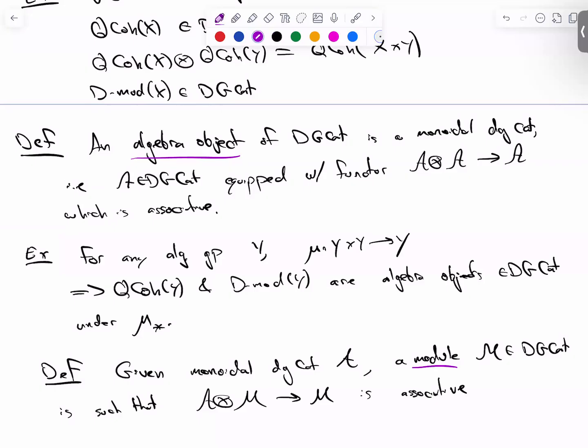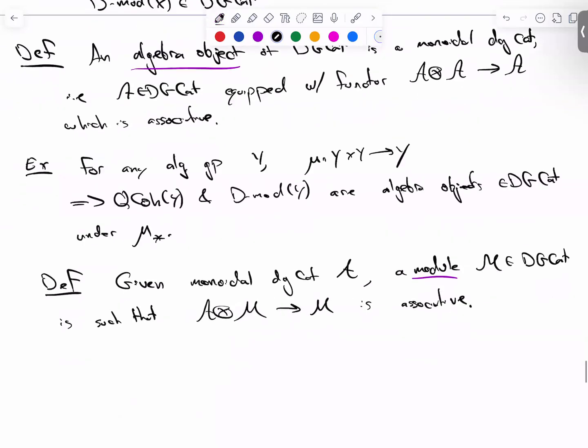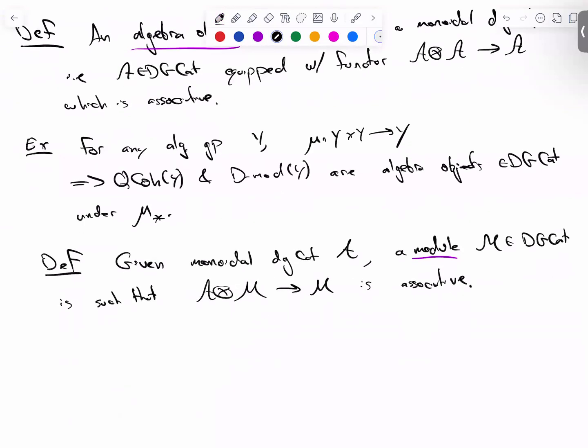So a module for a DG category is a DG category itself, whose action map is associative. And here I'm omitting many adjectives. Everywhere I should put parentheticals up to coherent homotopy, but I'm not going to write this down.